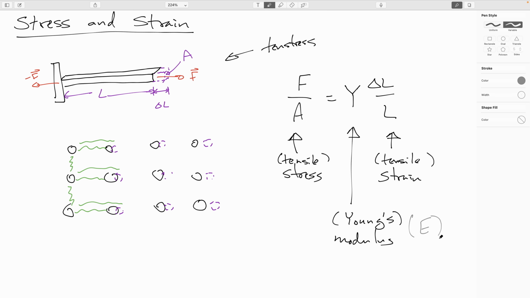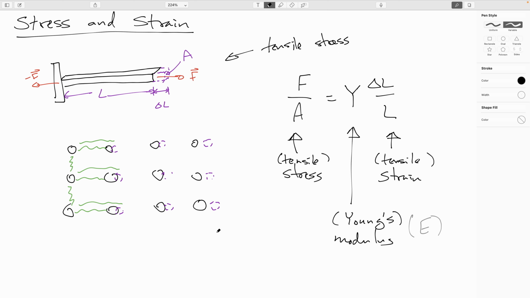So this will be tensile stress. There we go.